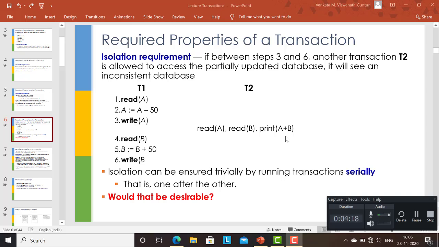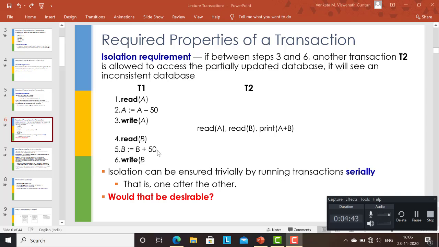If you try to execute your transactions serially one after another, your throughput is going to go down. So there is a whole area of research and even technology which has been developed along this idea of the isolation requirement, and this is where the concurrency control techniques come into the picture.